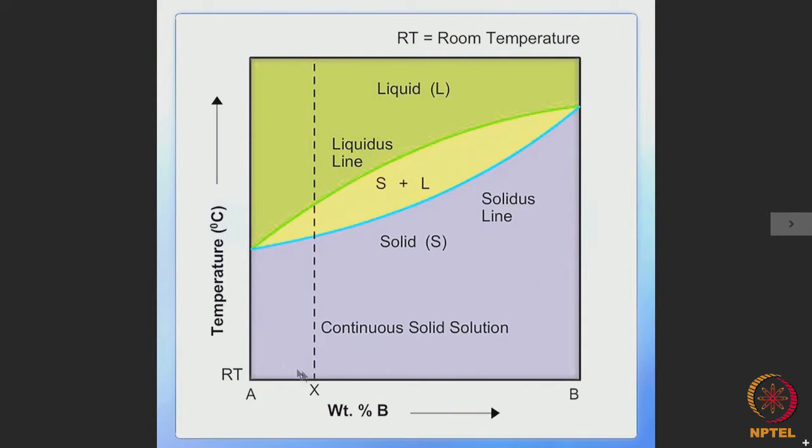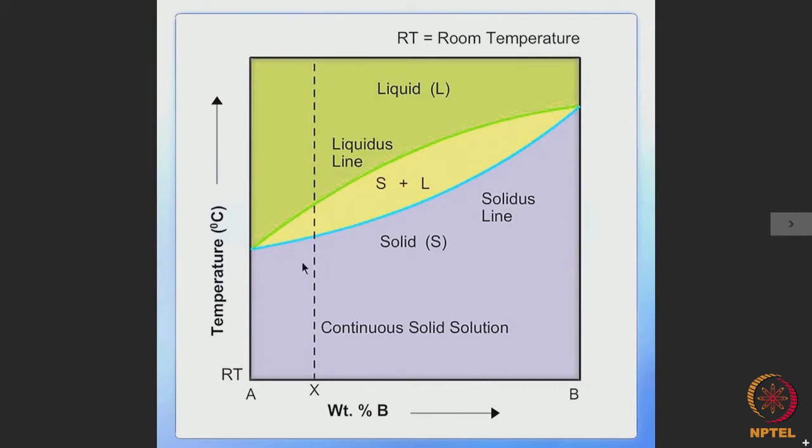That means, even if the composition change takes place, this continuous solid solution has the same crystal structure from here to here, although the lattice parameter will change as the composition of the continuous solid solution changes. Now, this is the melting point of the component A, and this is the melting point of the component B.